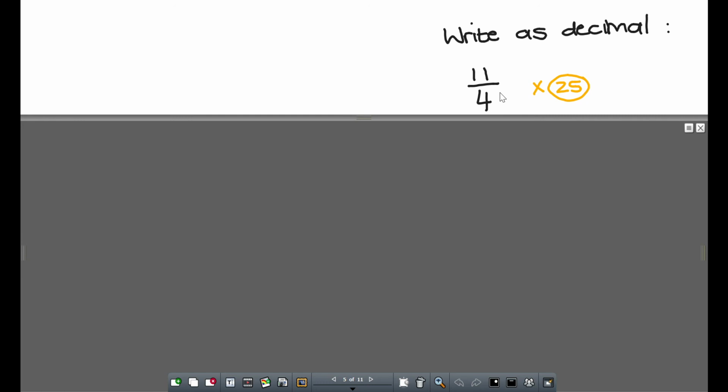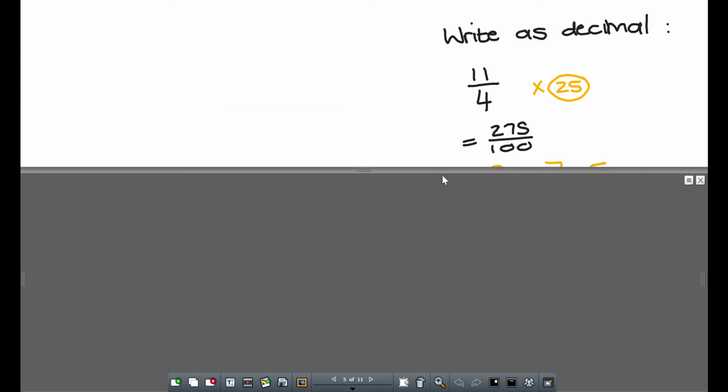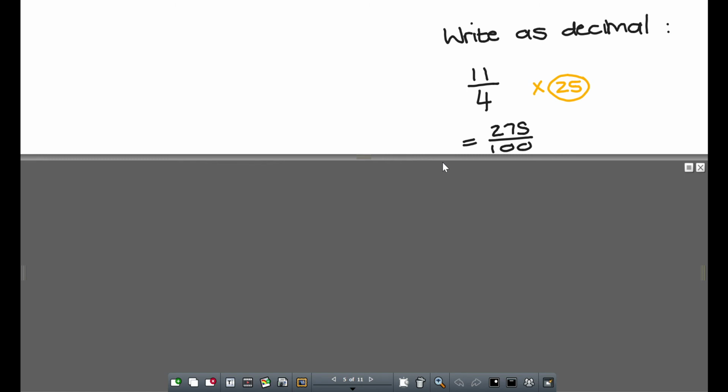Right, you guys done? Okay, so I've multiplied with 25 both at the top and the bottom. So I got 275 over 100. Now, if I write that in decimal form, can you see that my numerator is bigger than my denominator?